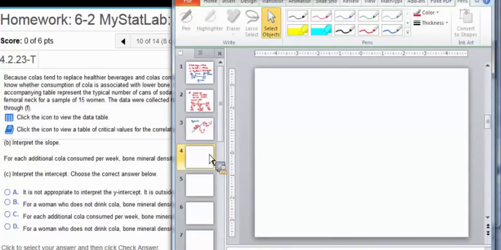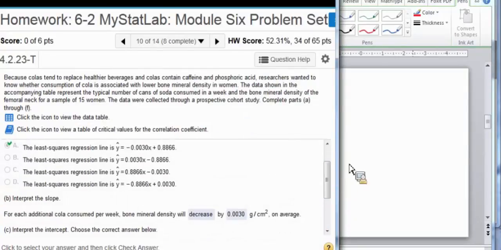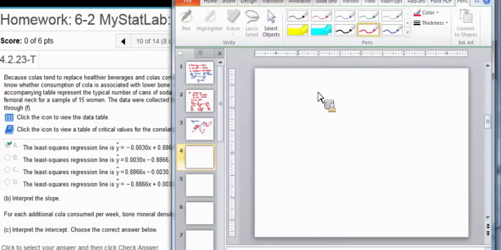Okay, where's my pen? So what was the equation of the line? The equation of the line was y equals minus 0.003 x plus 8866.